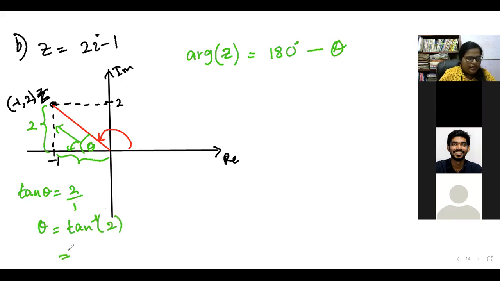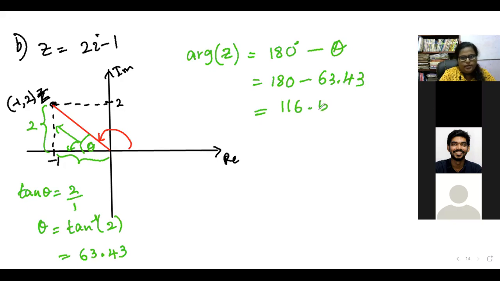The tan inverse 2 result can be taken as 63.43, so this is the theta angle. So you can get the result by 180 minus 63.43. So the angle is 116.57, right?